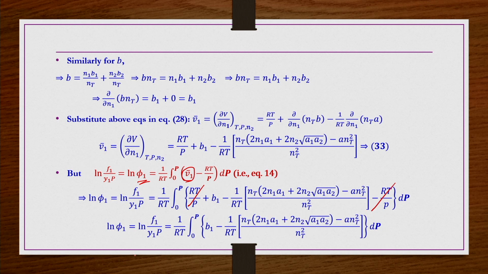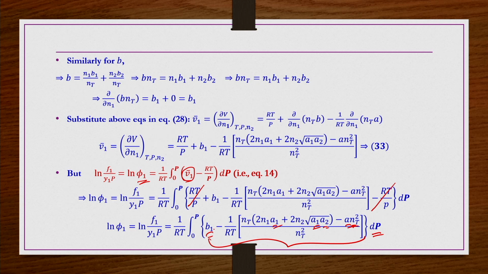Then we have ln phi 1 is equal to ln (f1 by y1 P) is equal to 1 by RT integral 0 to P of (B1 minus this particular term) dP, right. Now this B1, B2, A1, A2 are independent of the pressure. Okay. So then when we integrate, the integral of dP is P, because this entire thing is constant for a given temperature and composition, right.